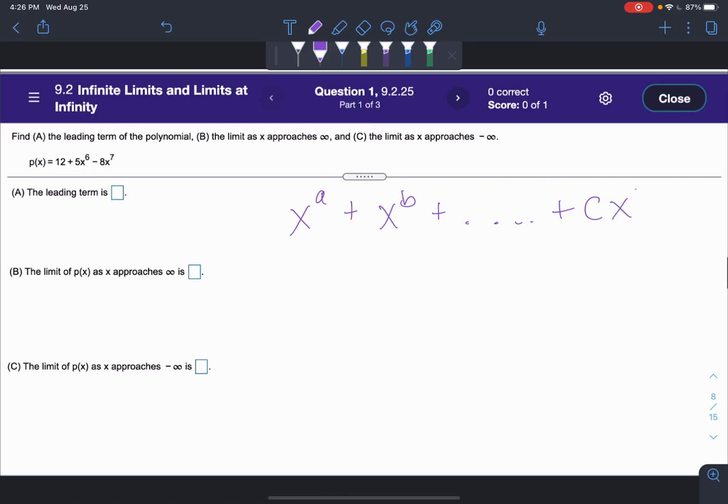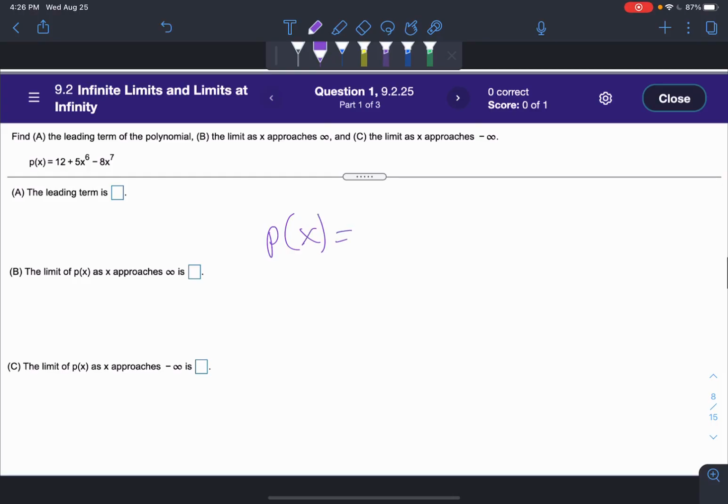Okay, so what you want to look for, the leading term would be which term has the highest degree or the power. So here, with the polynomial that we're given, we have p of x is equal to 12.